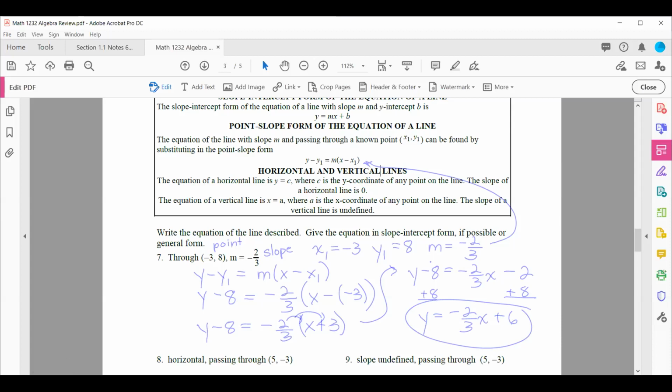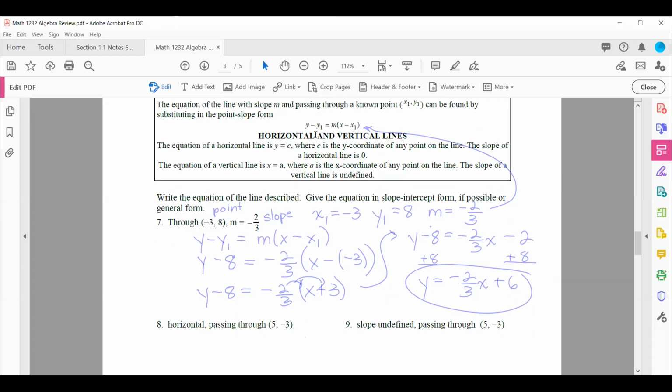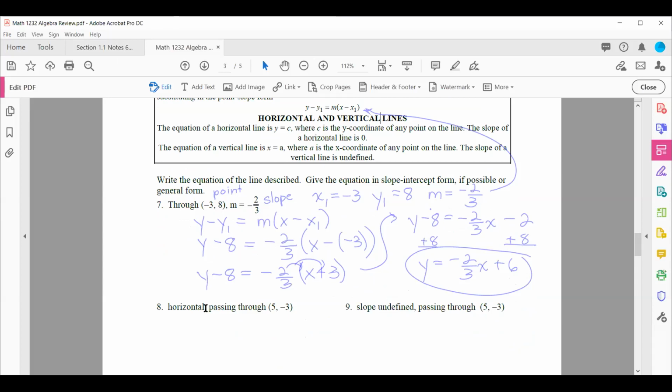Okay, and then problems 8 and 9 deal with what I call the special cases, horizontal and vertical lines, which I'll leave that information up at the top of the screen. So a horizontal line, if you look up the top of my screen, the equation is y equals c, where c is the y coordinate of any point on the line.